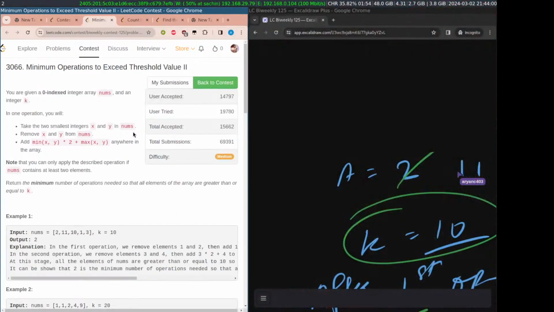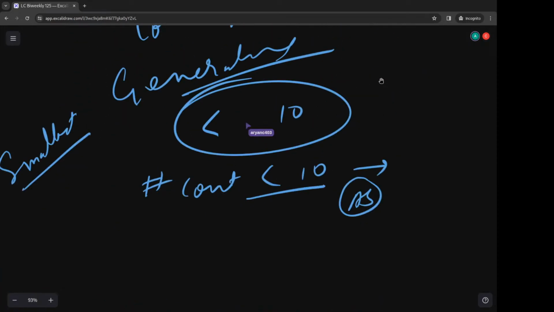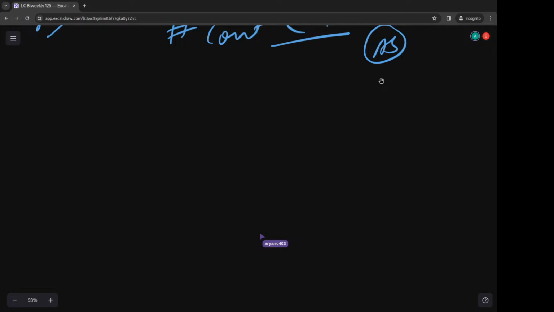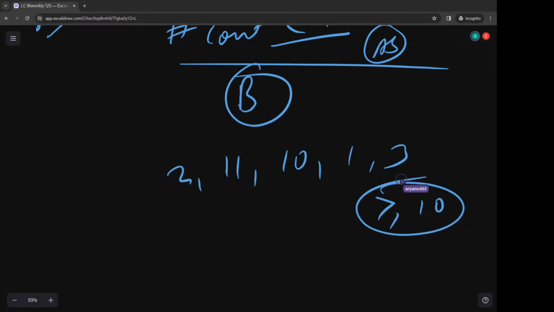Let's take our original example again, the same sample for this problem as well. The original sample was 2, 11, 10, 1, and 3, and we need all the elements greater than or equal to 10.